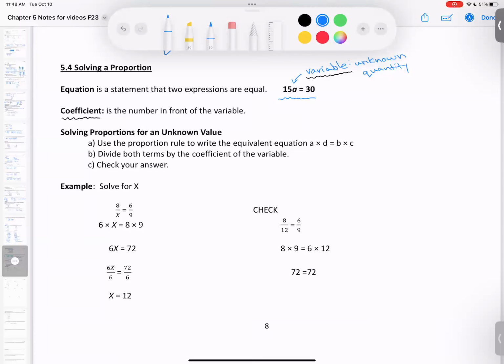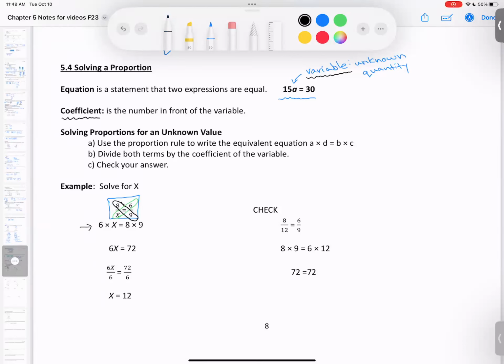For example, here they've given us this equation. We don't know what X is. So we have 8 over some unknown X equals 6 over 9. We're going to do the cross product here and say that 6 times this X equals 8 times 9, which is what they've written here.